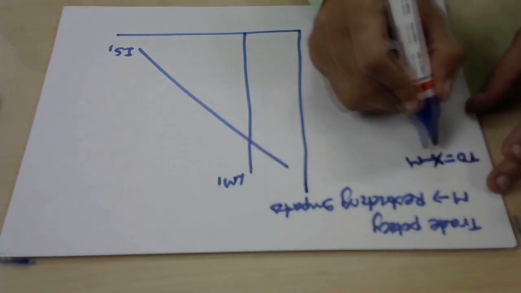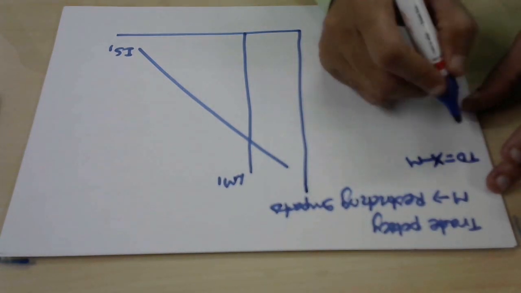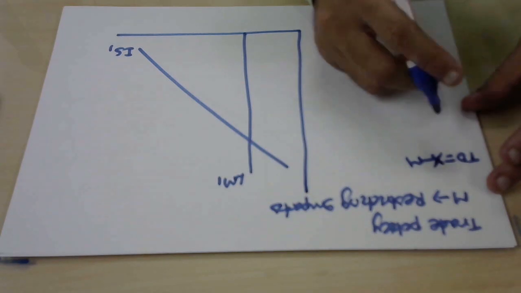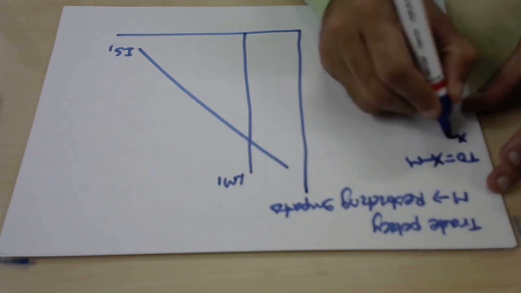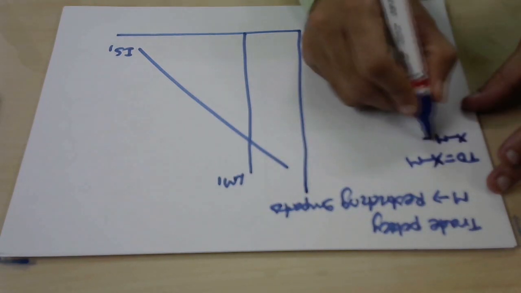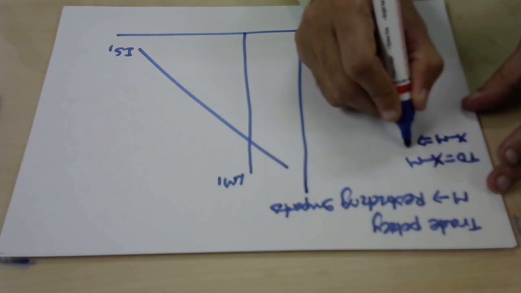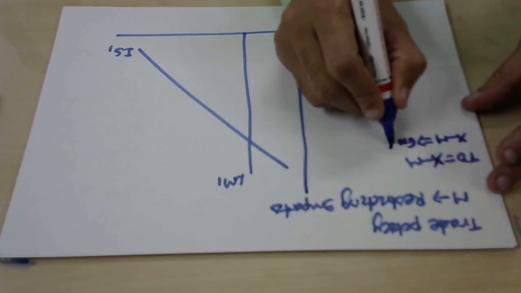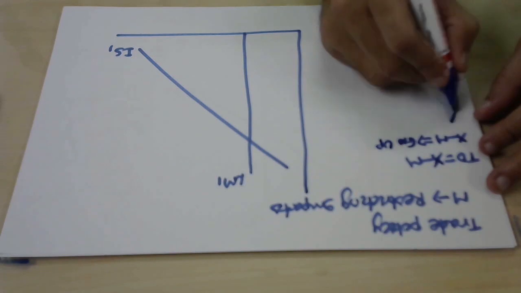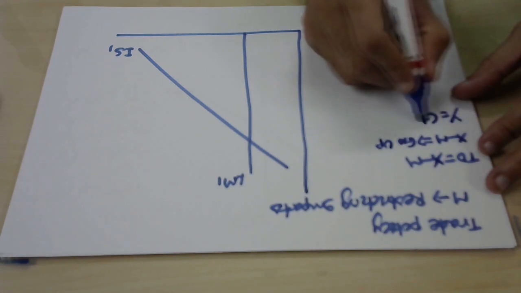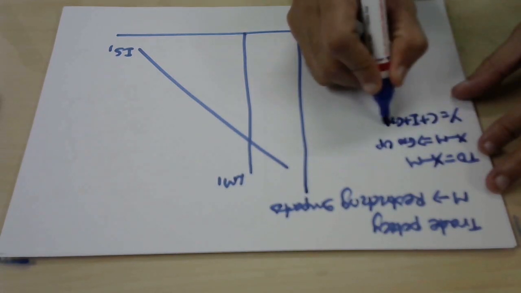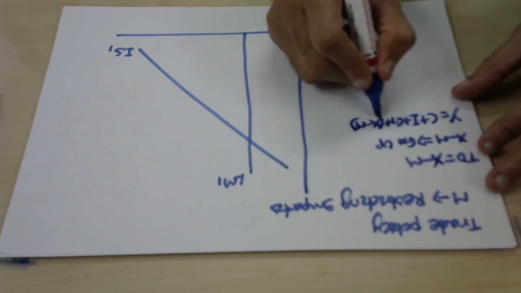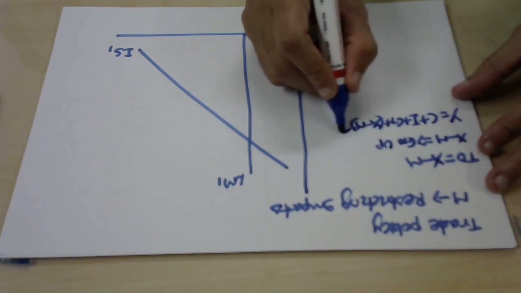Now once a restriction on imports is imposed, X minus M initially will go up. So my Y, which is equal to C plus I plus G plus X minus M, will tend to increase.